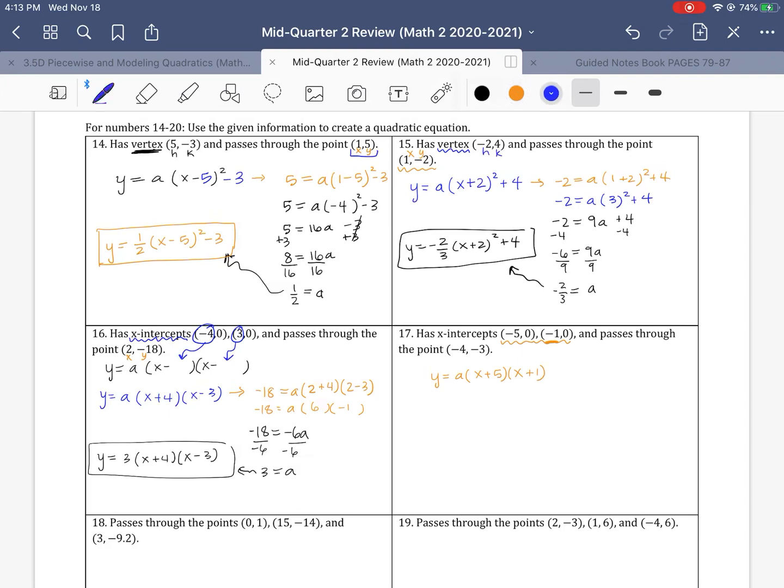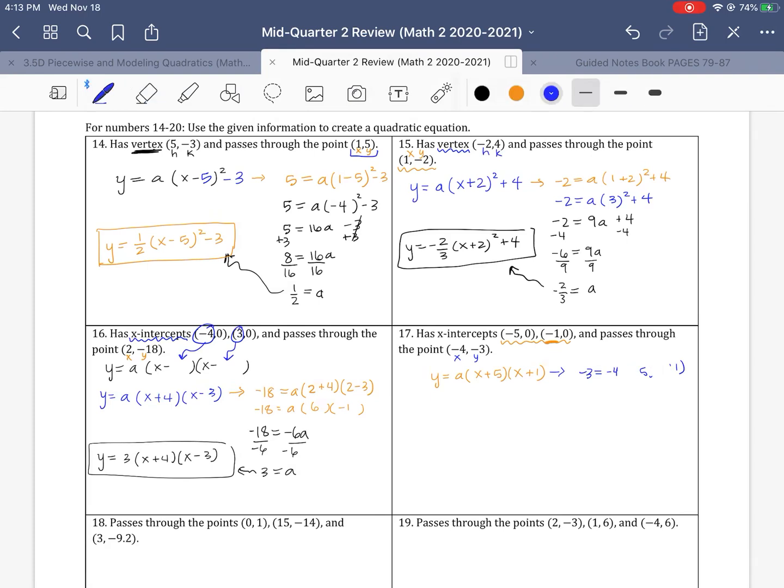Again, we're given a point that it needs to pass through, so xy, that helps us to find that a value. So y, oops, not y, negative 3 is our y, is equal to negative 4, x plus 5, x plus 1. But instead of x, whoops, I should have put in, oh, this might erase my whole thing.